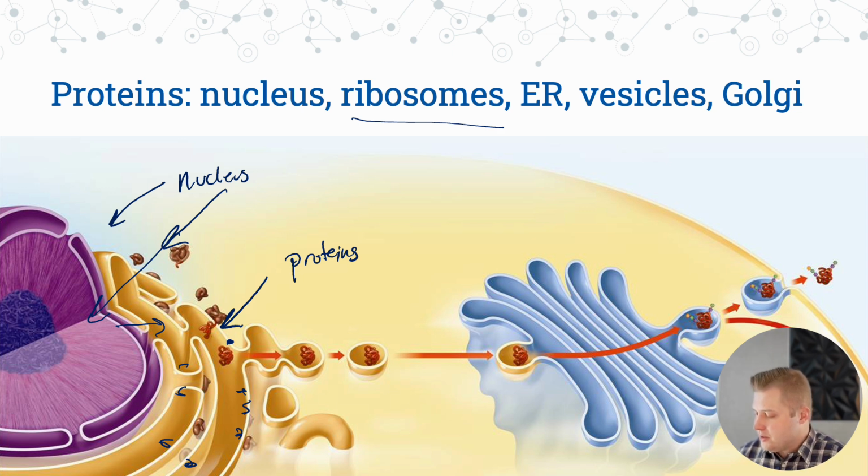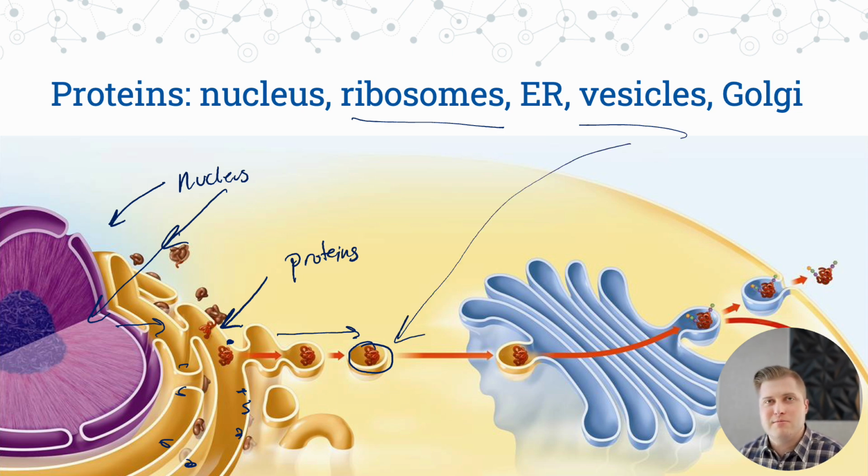Once the proteins are built, they get sent out. All of these little circles you see here, they are vessels, or rather vesicles, things that can help to transport proteins or anything else that needs to move around throughout the cell. Here they join the Golgi body, which helps to repackage and process those proteins.